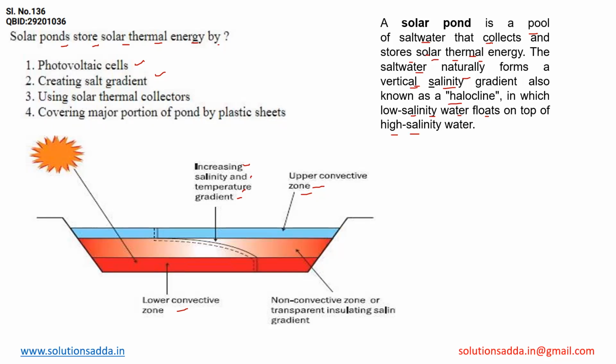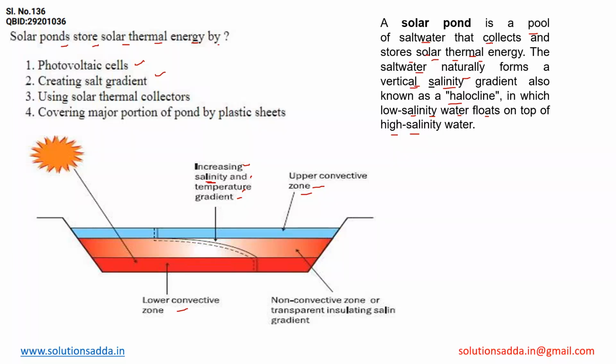So solar ponds are large energy collectors, we could say, with built-in heat storage that can be used to supply thermal energy. So basically what we are doing here is collecting the thermal energy. A salt concentration gradient in the water allows solar ponds to perform successfully as solar energy collectors.